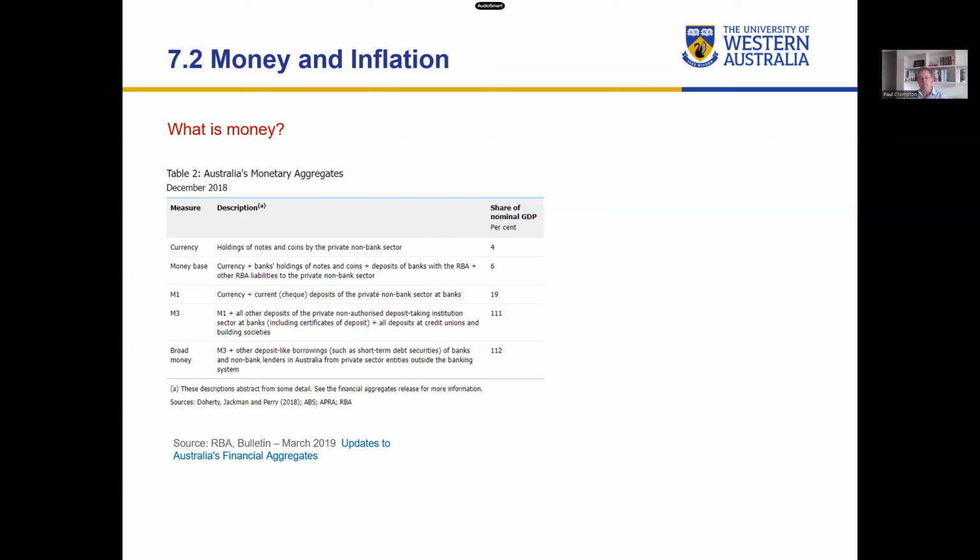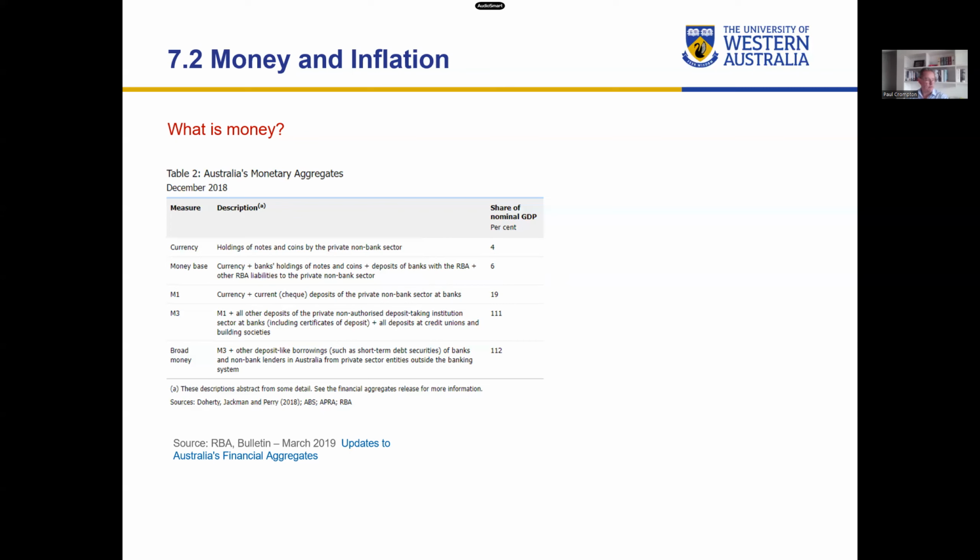But generally, economists will look at how these measures of the money supply change, and for broad money, we're probably talking $2.4 trillion there in terms of the overall value of that money supply. In terms of currency, we're talking about the billions.